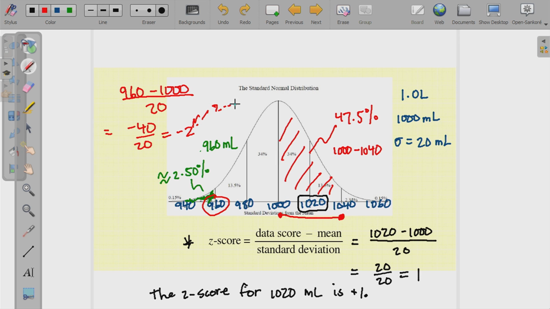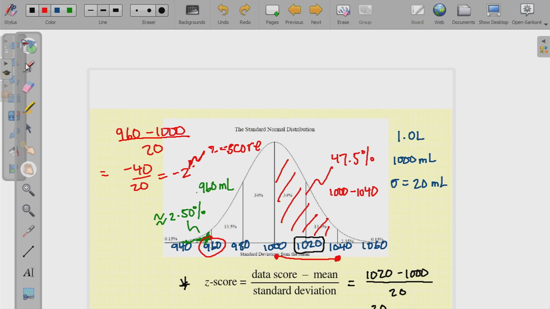Now, one of the things we have to realize is that the bottles aren't going to be filled to nice, neat multiples of the standard deviation. We might be interested in a bottle that's less than 970. Well, by using technology or tables, we can actually determine that area.